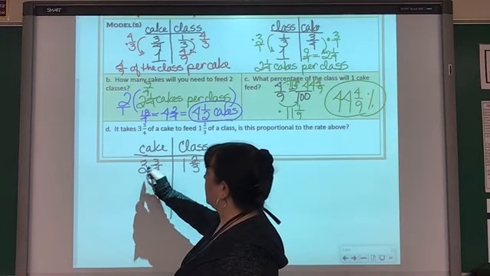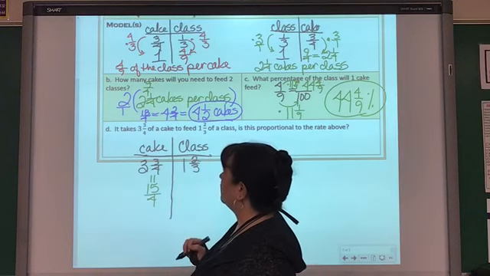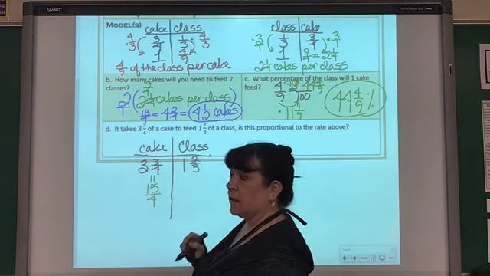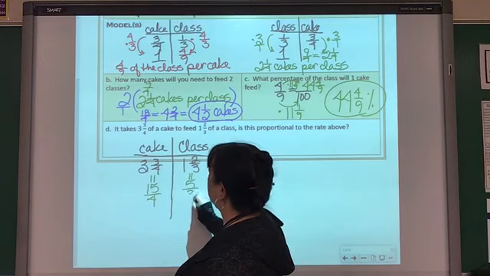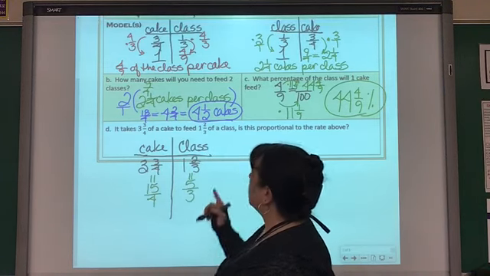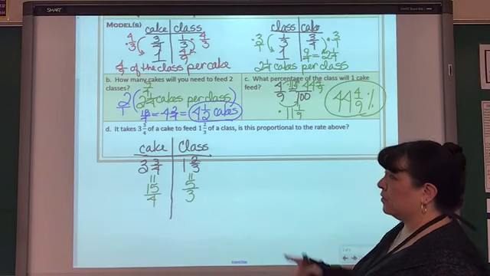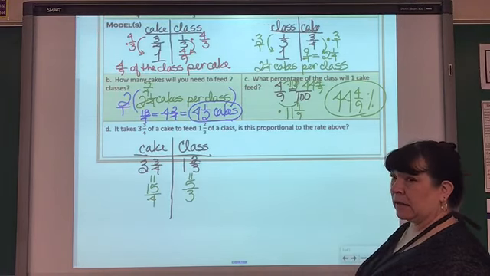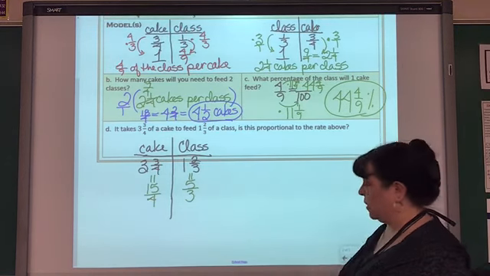I am going to change them to be their improper fraction form. So 3 3/4 is really 15/4. 1 2/3 is actually 5/3. We want to see if changing those into one cake might make this be the same as either of those.